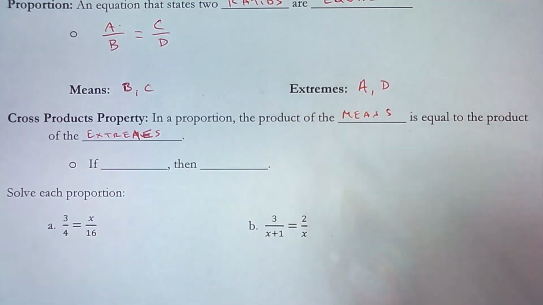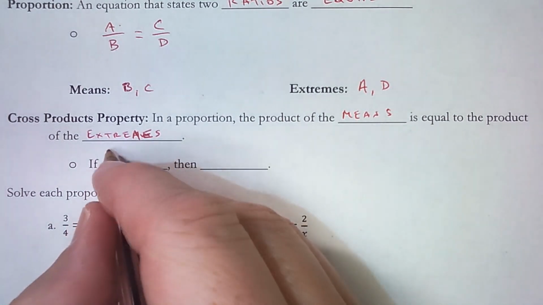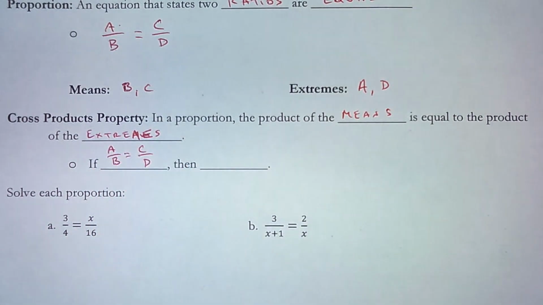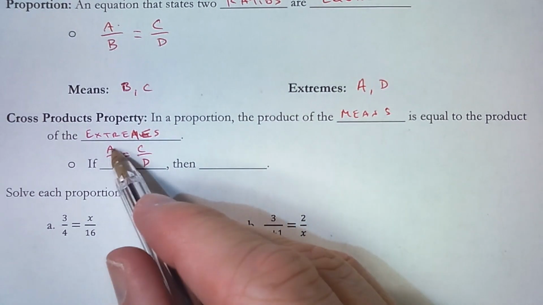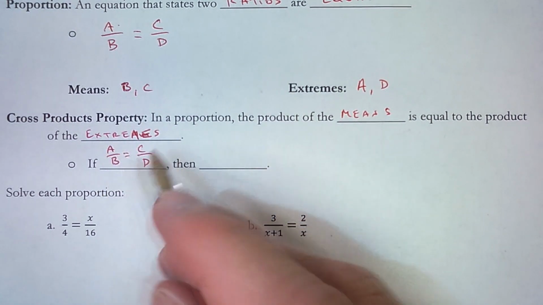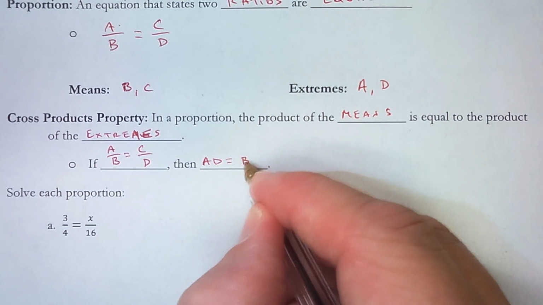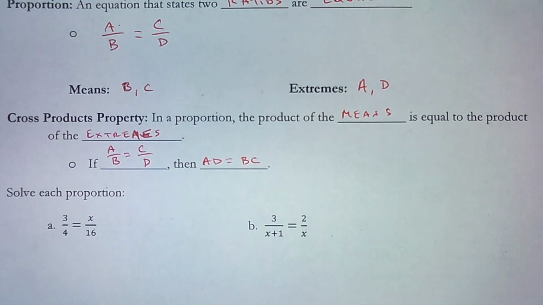It would help if I could spell words that were literally right in front of my face. So, if A is to B as C is to D, then I can diagonally multiply, so cross multiply. A times D is equal to B times C.